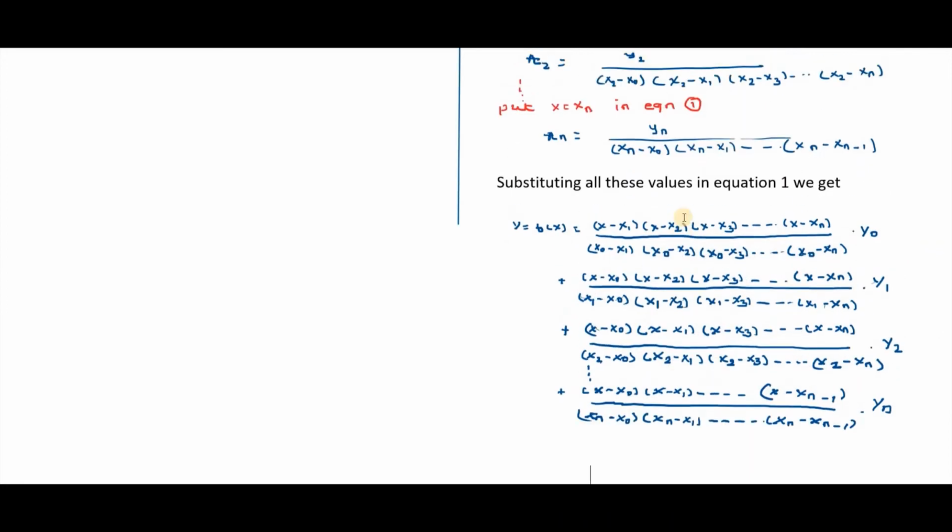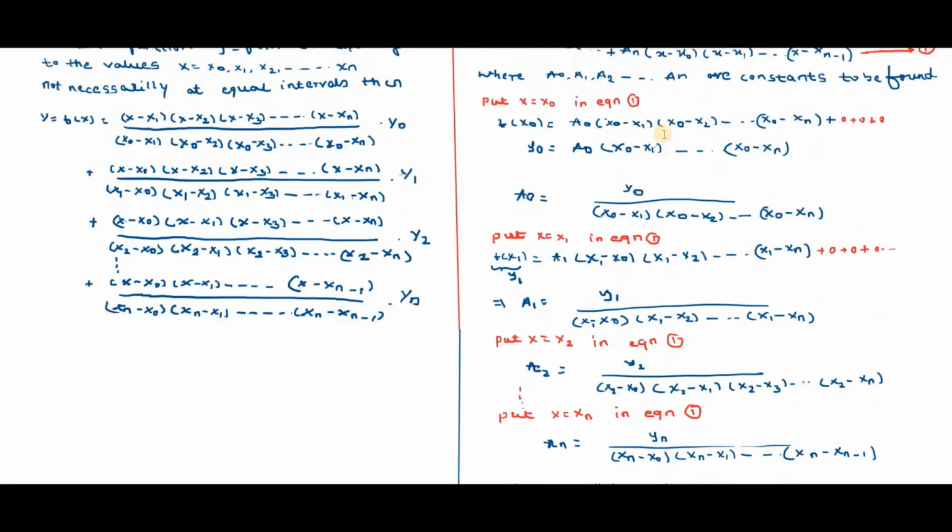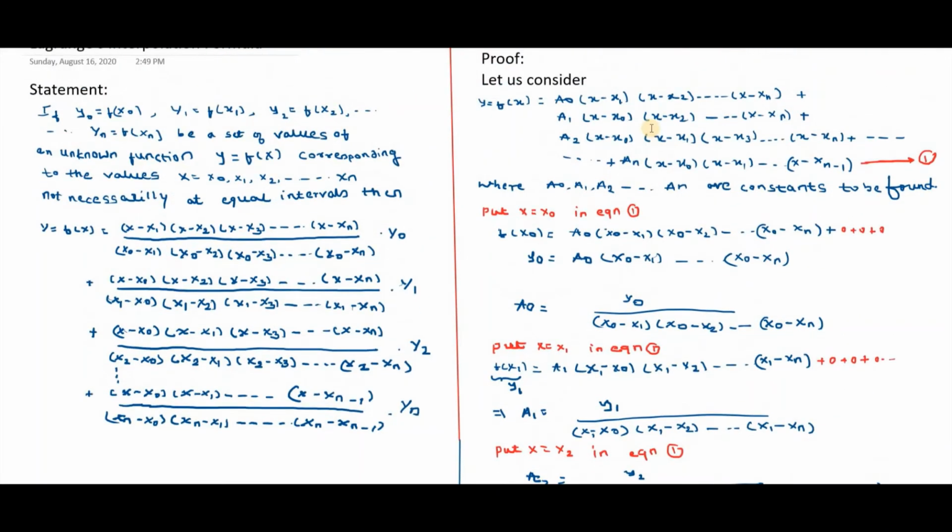Just substitute the value for a0 in equation 1. So this is a0. You have to substitute this value in the first equation.